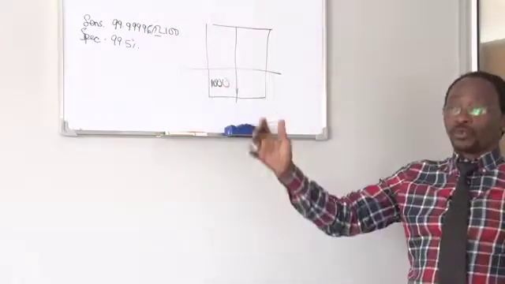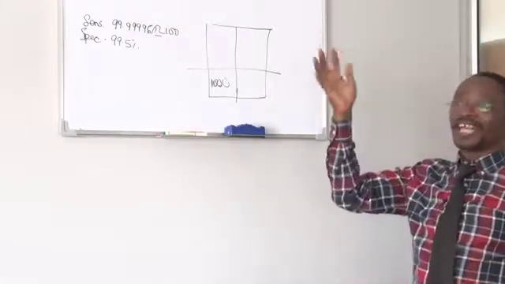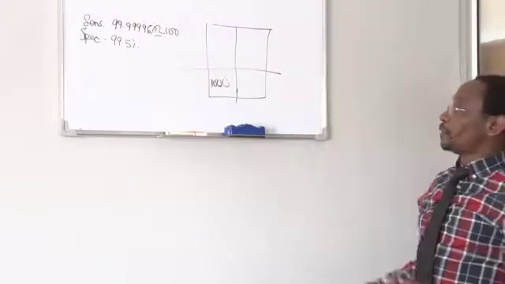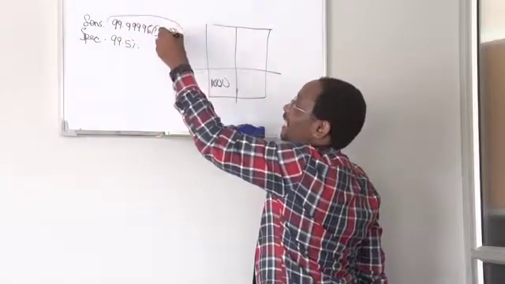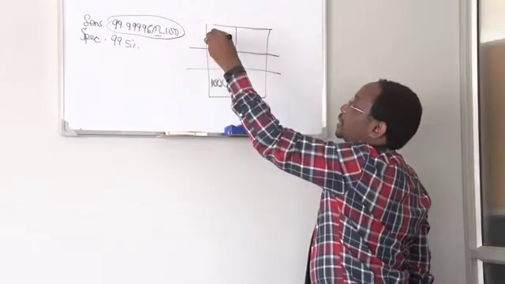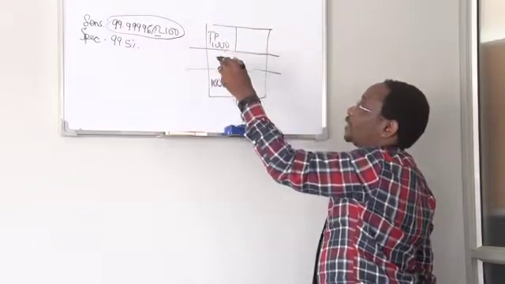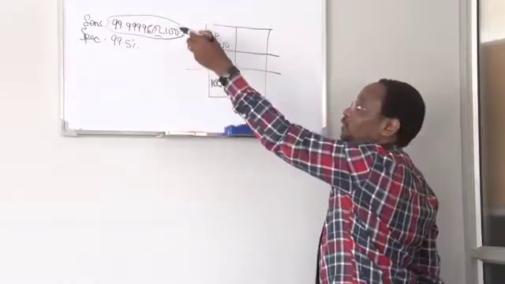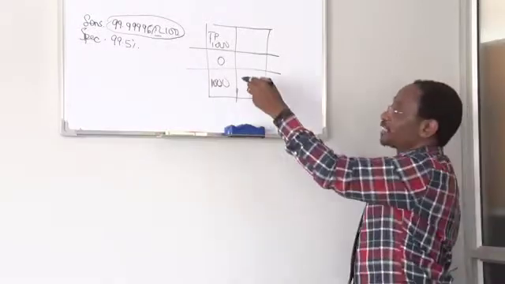If you got 1,000 people who are proven to have HIV using the gold standard, which is DNA PCR, or electron microscopy, this test has a sensitivity of 99.99, which is almost 100. So the true positives will be 1,000, but the false negatives will be 0 because the sensitivity is almost 100%.